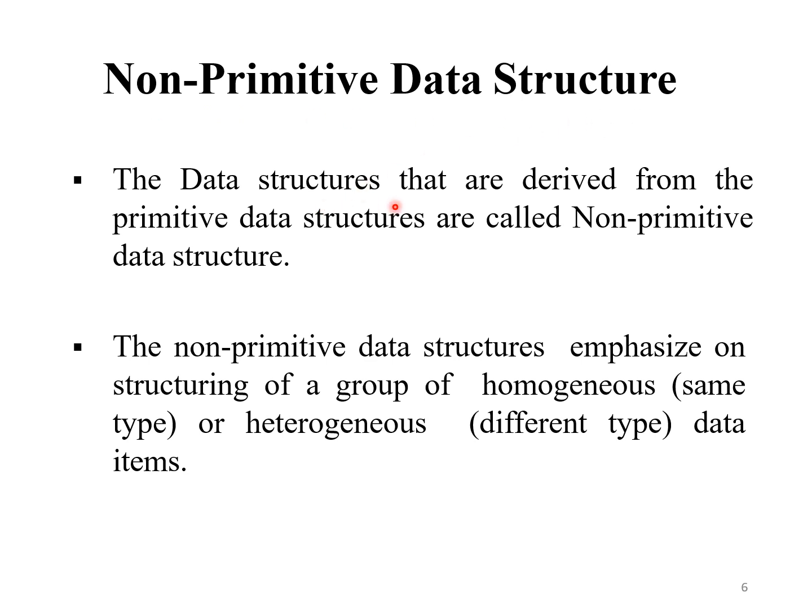The data structures that are derived from the primitive data structures are called non-primitive data structures. Non-primitive data structures are user-defined data structures. They emphasize structuring of a group of homogeneous (same type) or heterogeneous (different type) data items.